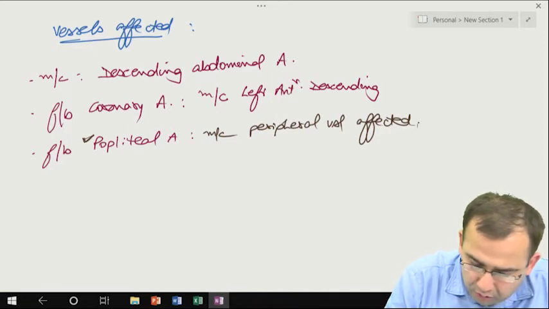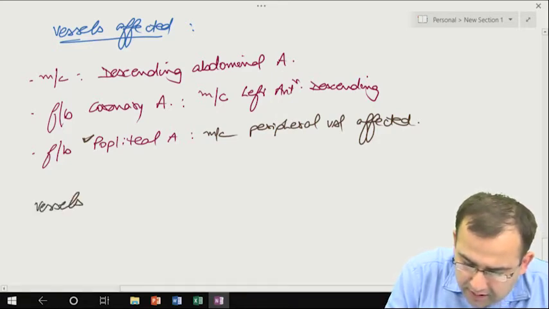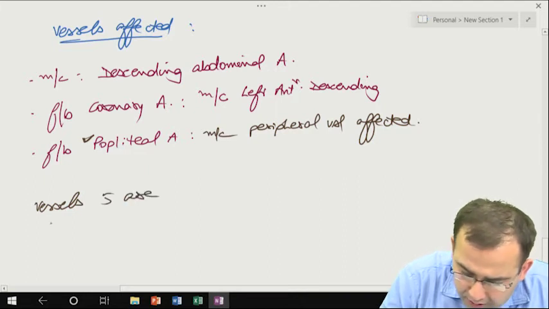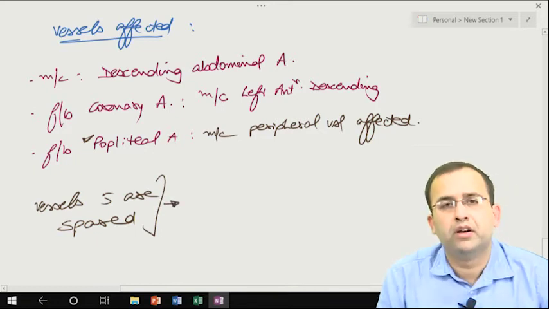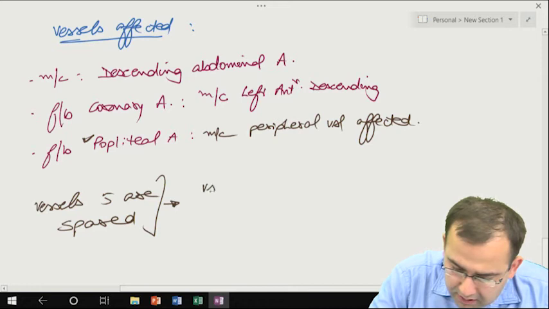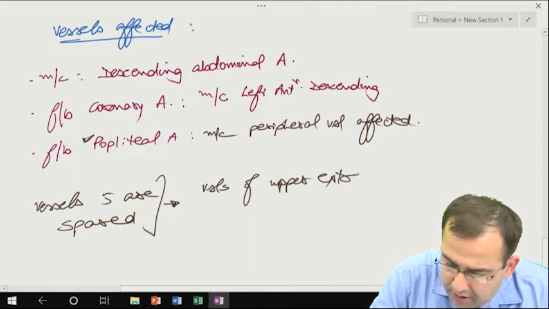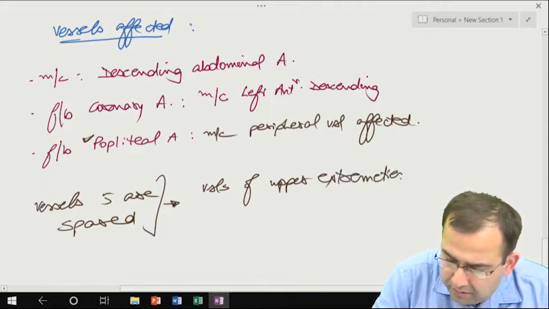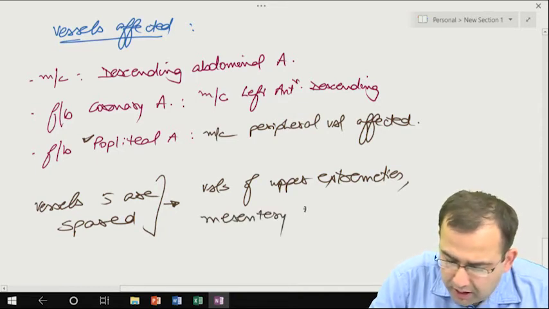Next point, what are the spared vessels? Vessels which are spared are the vessels of the upper extremities, mesentery, and renal arteries.